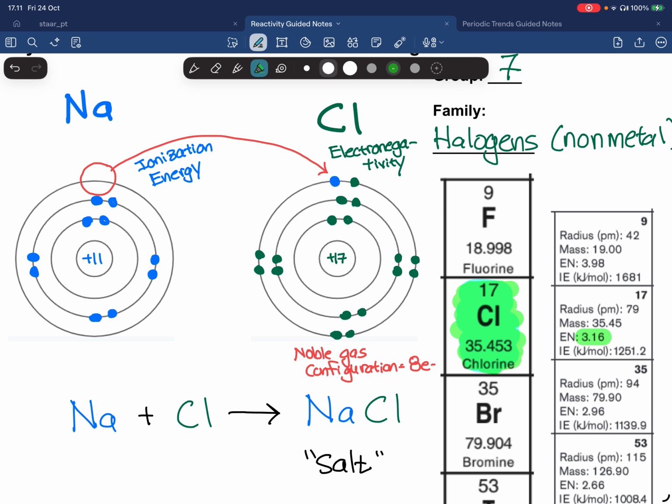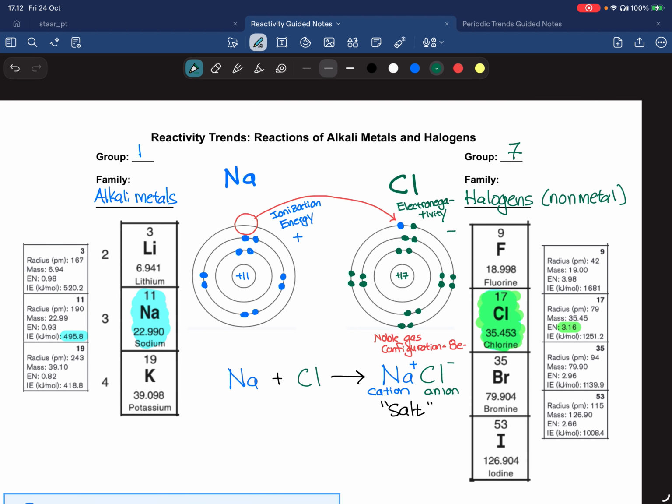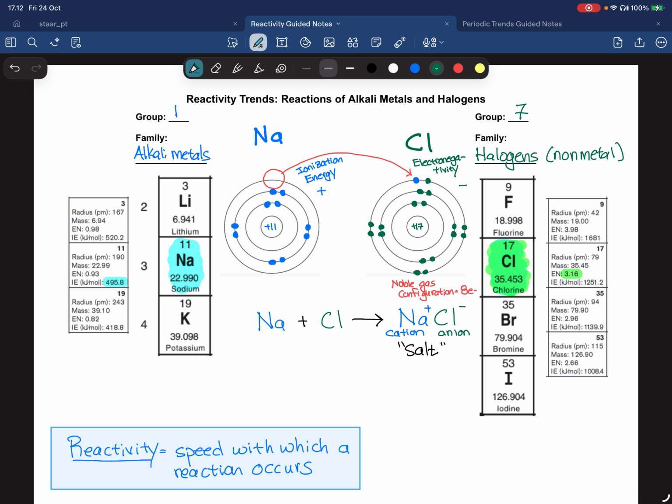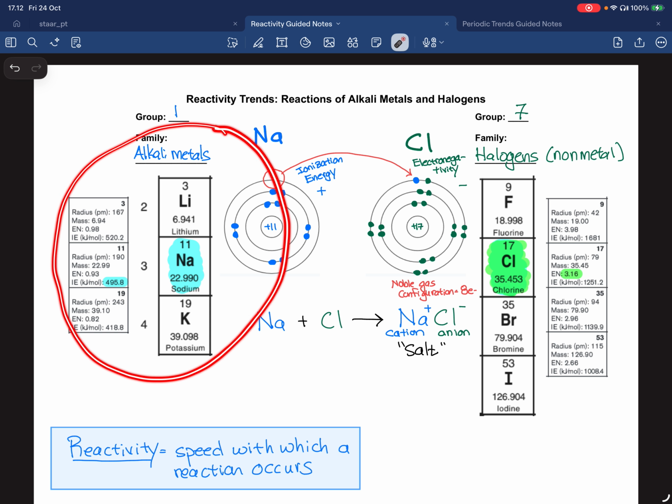Now, when that happens, the sodium has lost an electron, which gives it a positive charge. And so sodium has now been turned into a cation. The chlorine has gained an electron and it now has a negative charge, and chlorine has been turned into an anion. Now, the question about reactivity is, what is the trend in reactivity down the alkali metals?